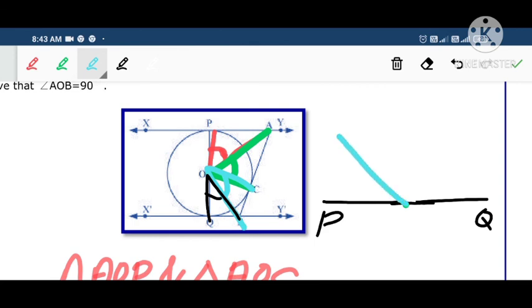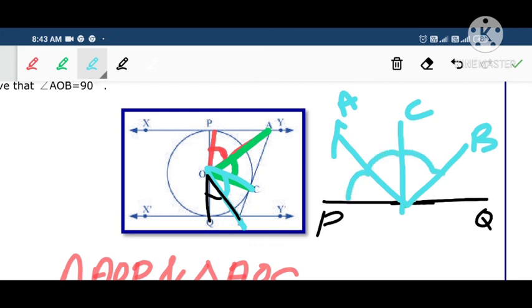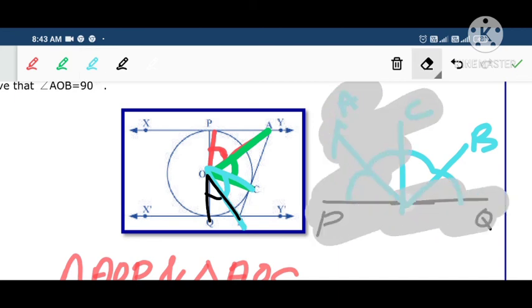Here one point is A, another is C, and another is B. Now you can see 1, 2, 3, 4. If you add these 4 angles, what do you get? You get 180 degrees. It is the concept of lines and angles.